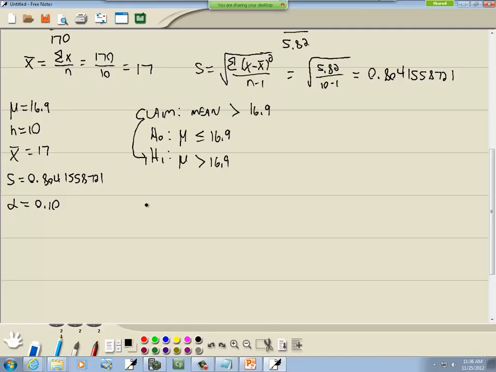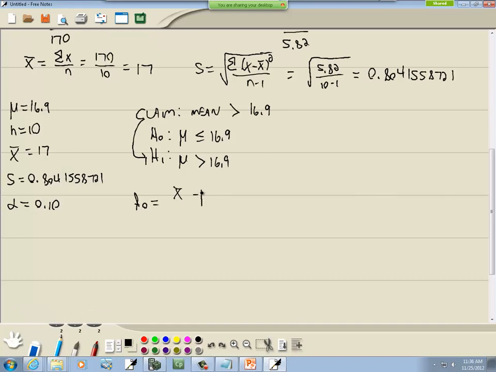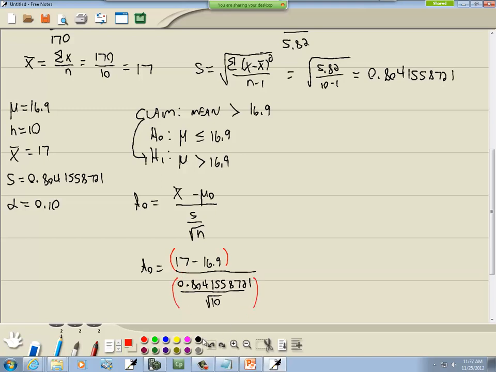Step 4, find the test statistic. So t0 is going to equal x bar minus mu naught over s divided by the square root of n. x bar was 17, minus mu naught, that's the number off of our claim, which is 16.9, divided by s, which is 0.8041558721, divided by the square root of n, which is the square root of 10. So parentheses on top, parentheses on the bottom when plugging this in.